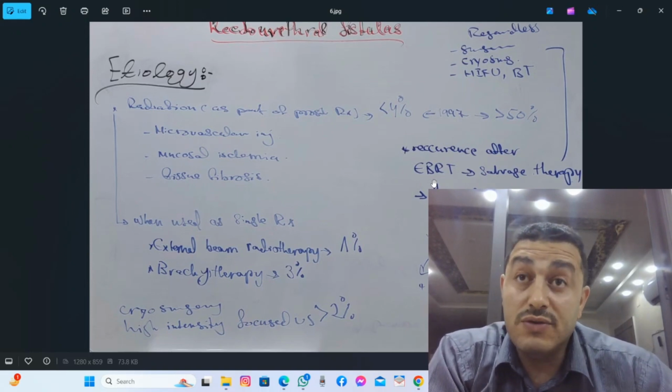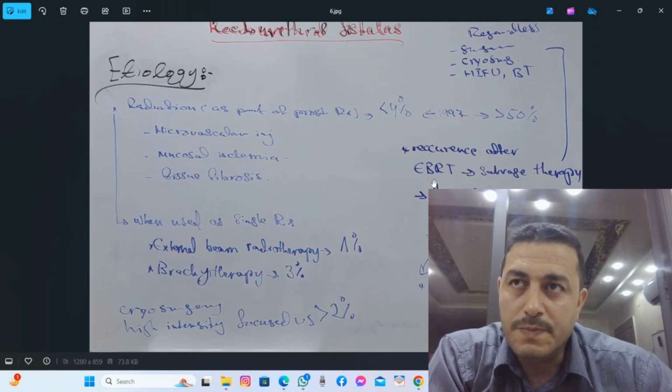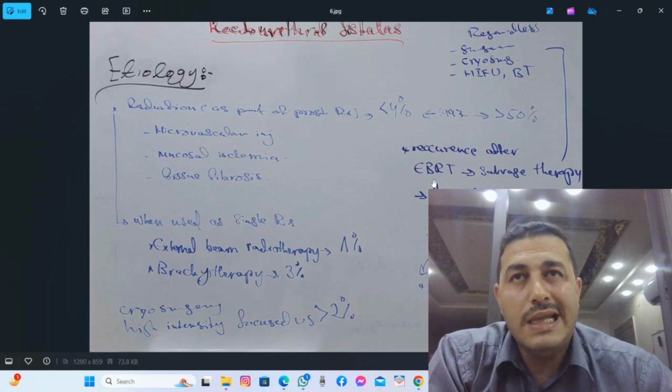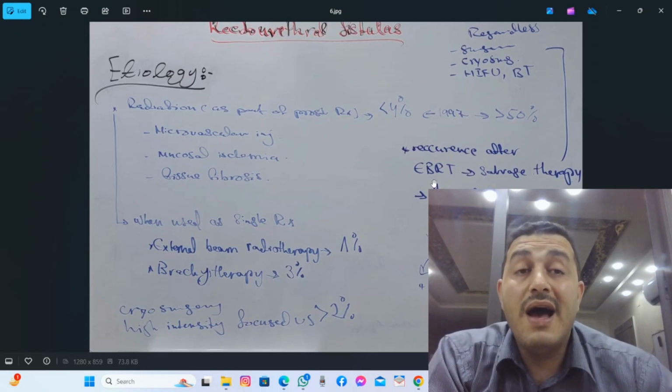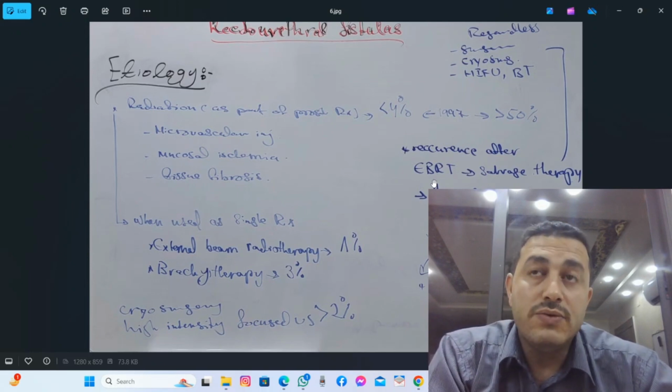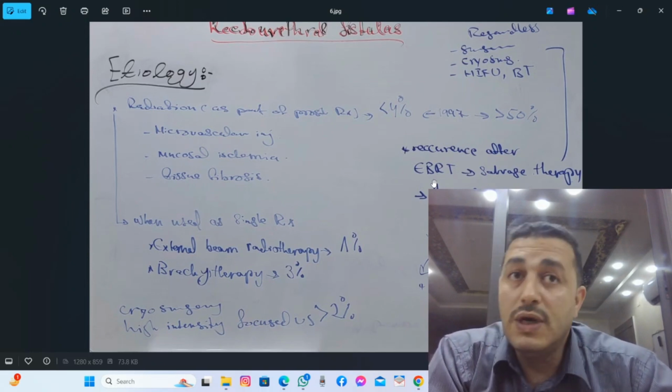Of course, we have to keep in mind that this type of radiation may lead to rectal cancer. This cancer can develop up to 15 years after finishing the radiotherapy, and rectal cancer can cause fistula.